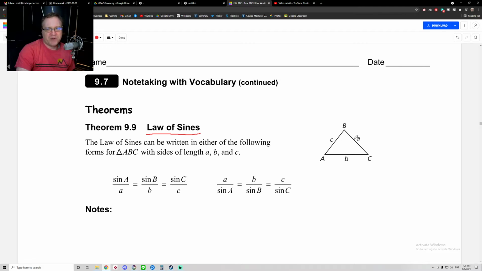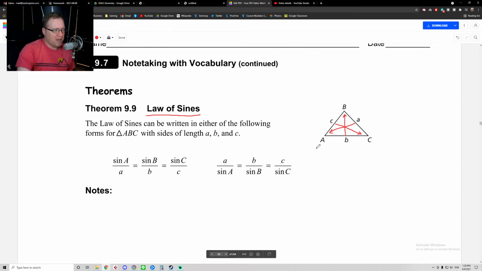And then remember, the angles are also A, B, C, but they're the big letters, big A, big B, big C. And big A is always opposite of little a, and big C is opposite of little c, and big B is opposite of little b. So remember, that's how we name the triangle.